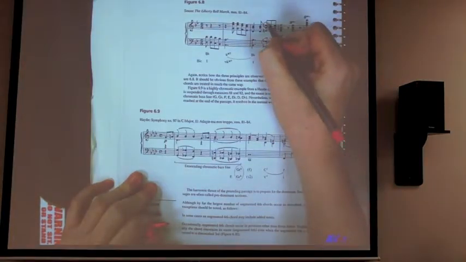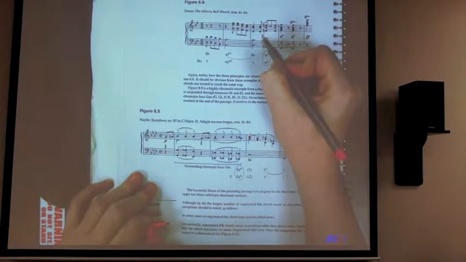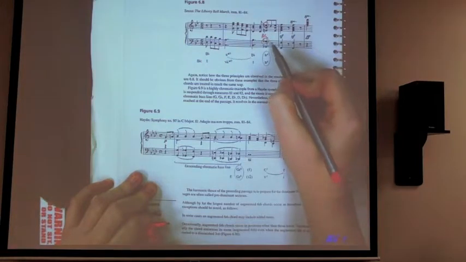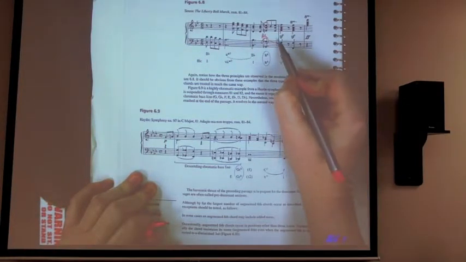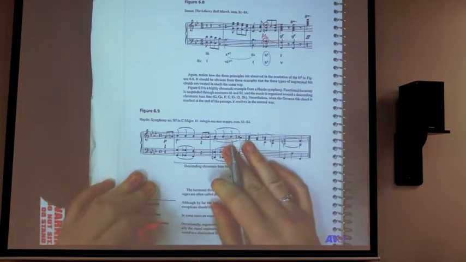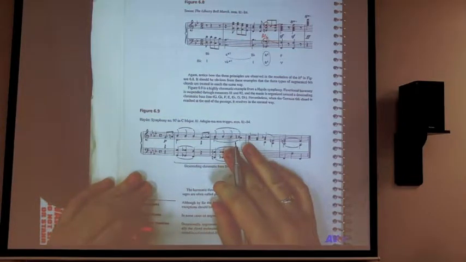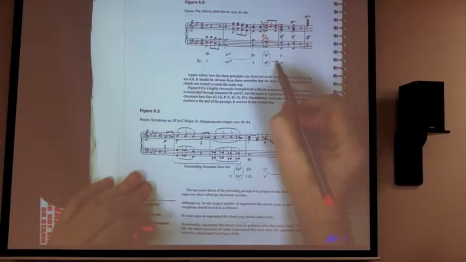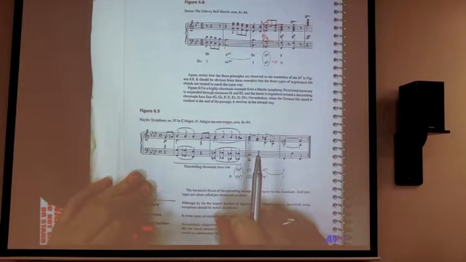Here's our augmented 6th chord on the outside. And then this one's going to expand down to F, and this one resolves up to F, okay? Just expands out, and it resolves to the 5 chord. Easy peasy, okay?